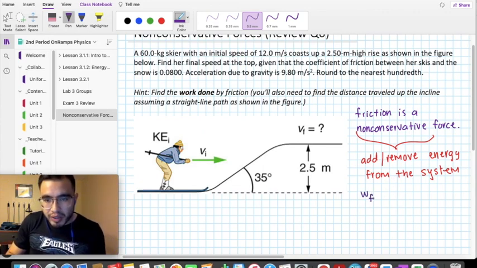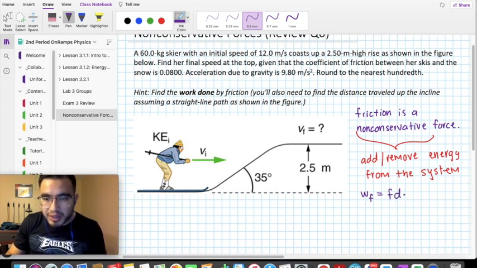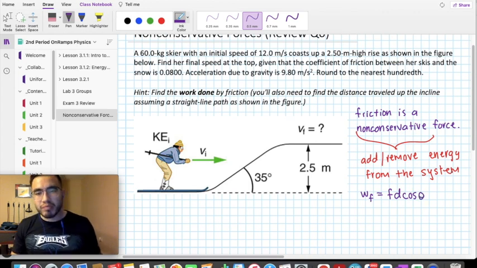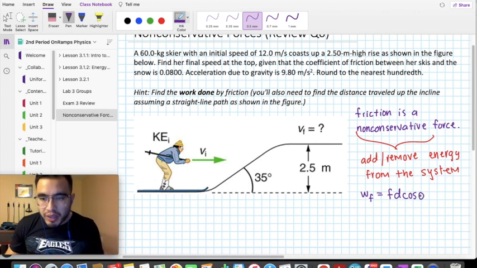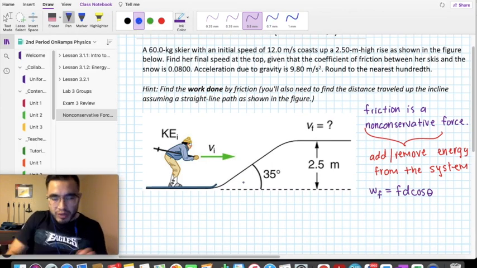So, and then we label friction with lowercase f would be, since we have to use a force, we'll use the force definition of work, which is the force of friction times the distance times the cosine of theta. Okay, before we move on, I want to give you an equation for non-conservative forces, okay, and then I'll explain what that means. So if you have a non-conservative force, use this equation.